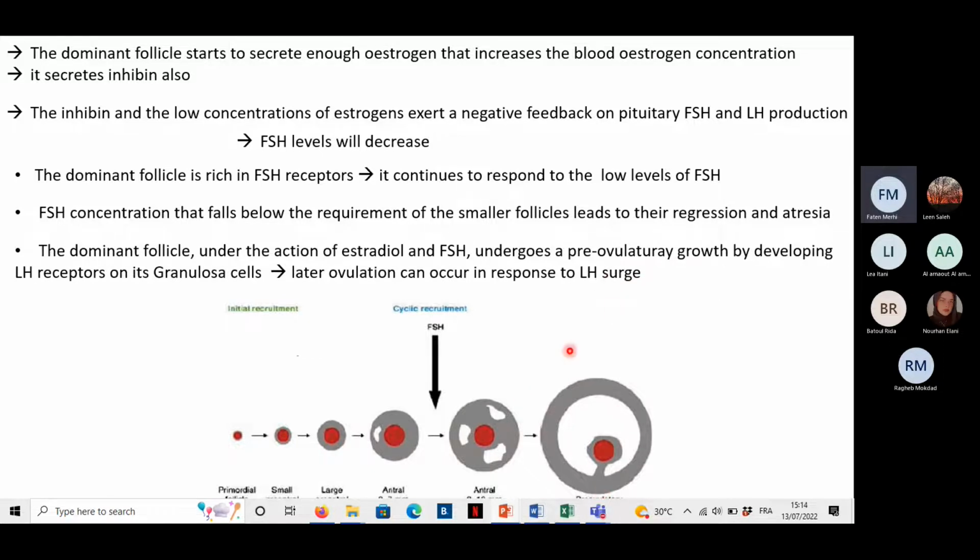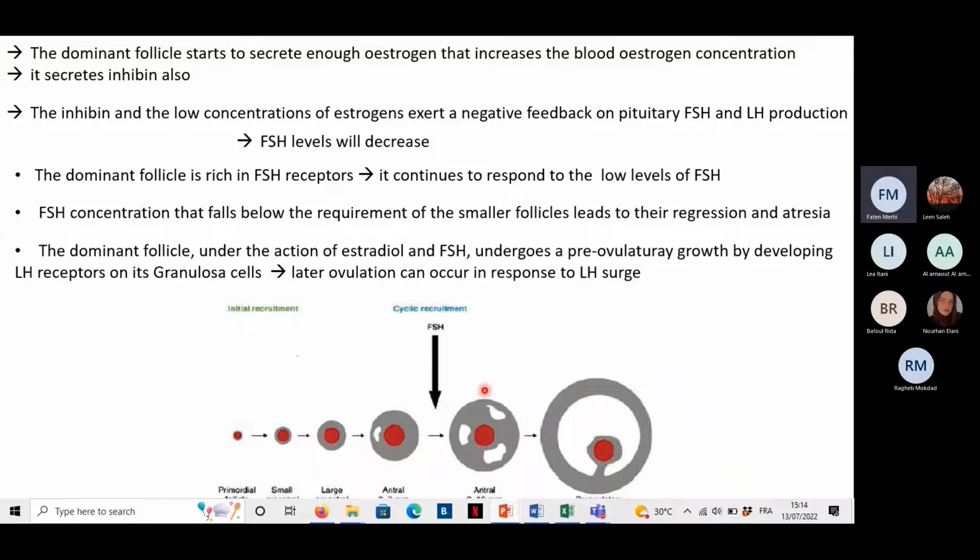So in the LH surge, the granulosa cells will respond to this LH. Okay, so it's like the FSH and estrogen were preparing those granulosa cells by letting them express the LH receptors. So they were preparing this dominant follicle to respond to this LH surge.